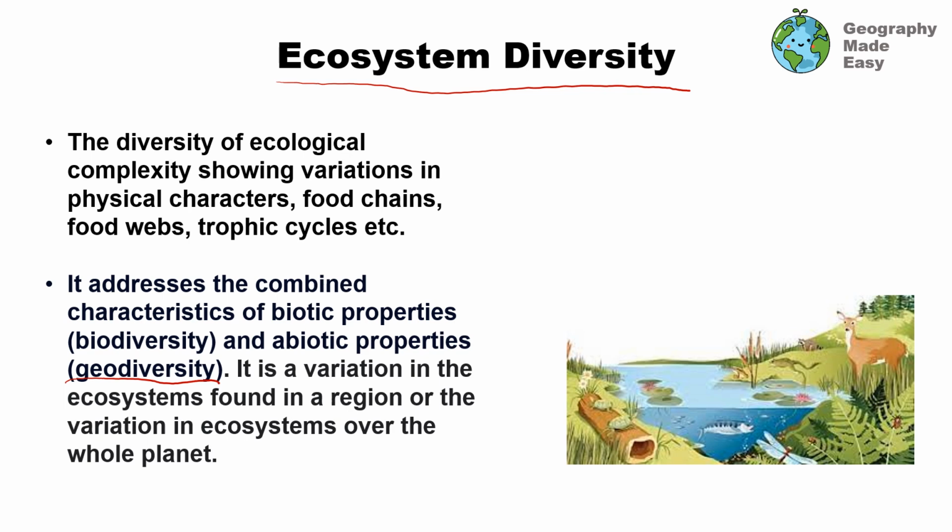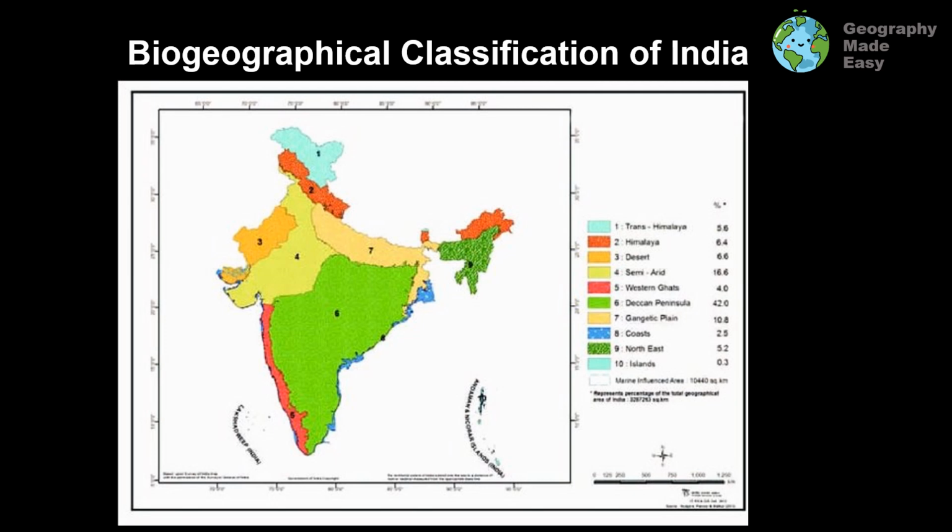We are very lucky in India that we have a number of these biodiversity zones, and these are called the biogeographical regions. These biogeographical regions are divided on the basis of the different kinds of landscapes.